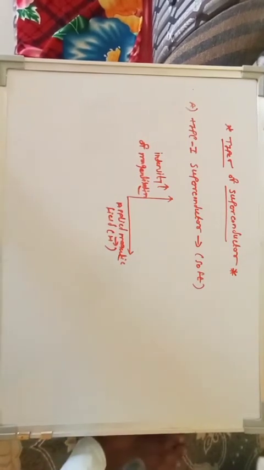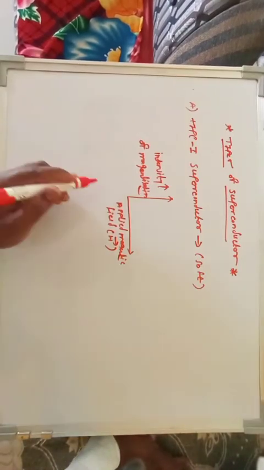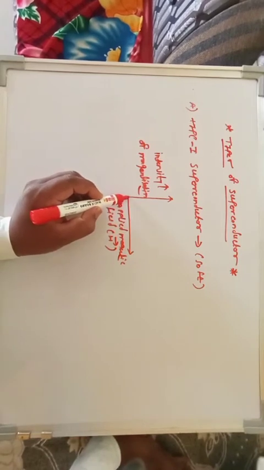As the magnetic field strength increases, the intensity of magnetization also increases. So we get such a kind of graph.